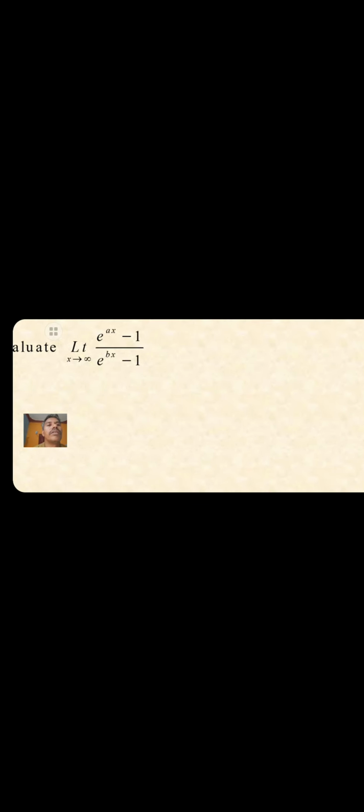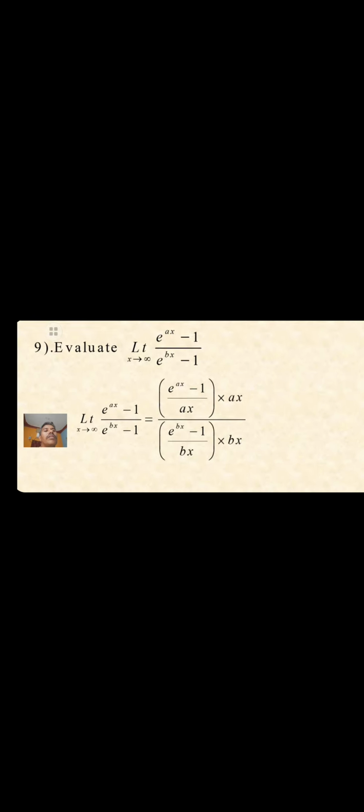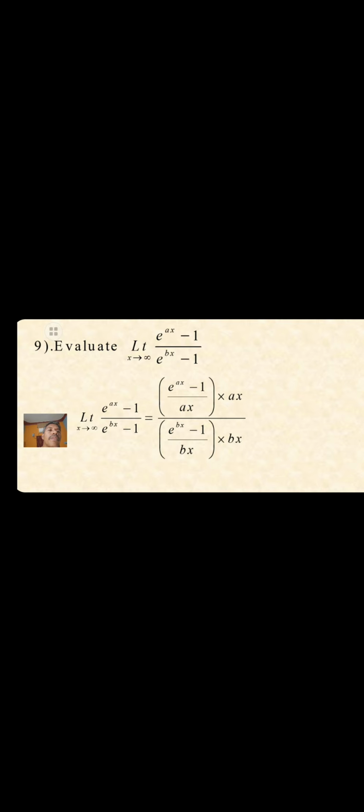Next, evaluate limit x tends to infinity e power ax minus 1 by e power bx minus 1. Limit x tends to infinity e power ax minus 1 by e power bx minus 1 equals e power ax minus 1 by ax into ax.